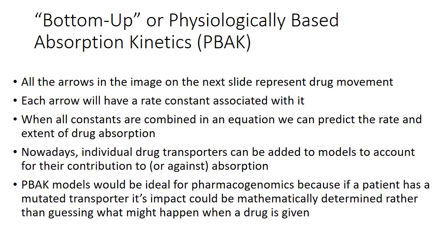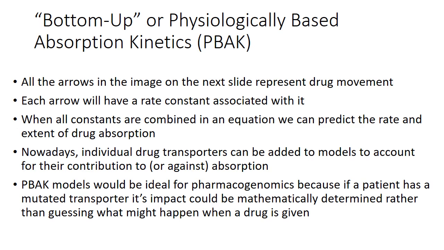Some of them contribute to absorption, some of them work against absorption. For example, you can generate a model that has P-glycoprotein or MDR1, and remember that transporter pumps drugs out of the intestinal cells and back into the lumen off the apical membrane. So the more activity there of PGP, the less absorption.